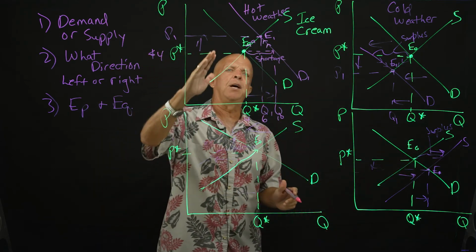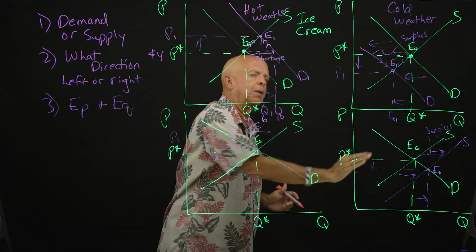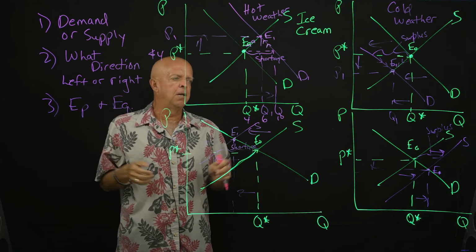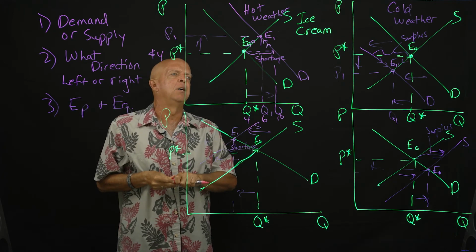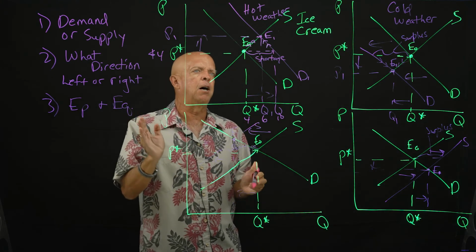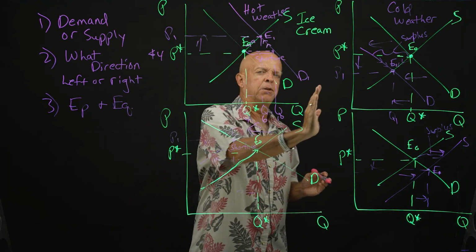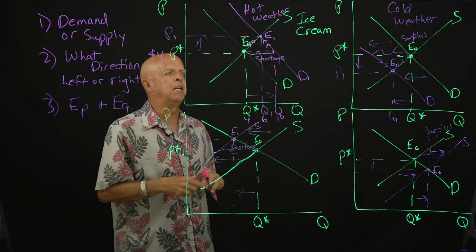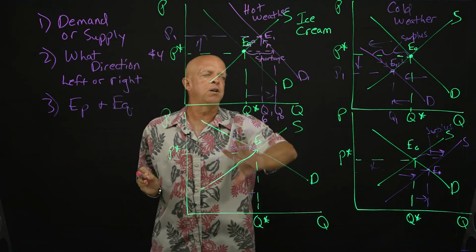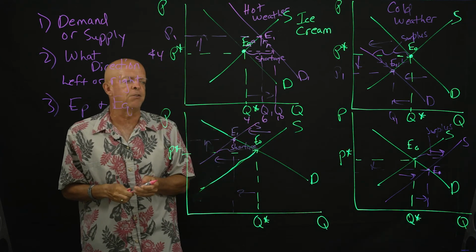You would get both a shift in demand and a shift in supply, and you would have to look at it to see what the ultimate impact is. In that case, the impact on price is indeterminate. But generally for exams, I focus on just one shift and how it affects equilibrium price and quantity.